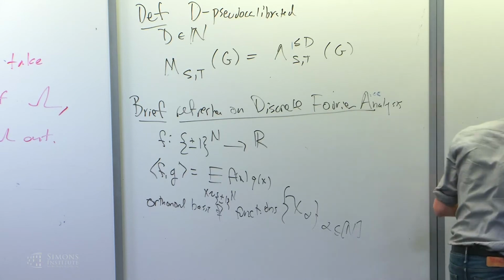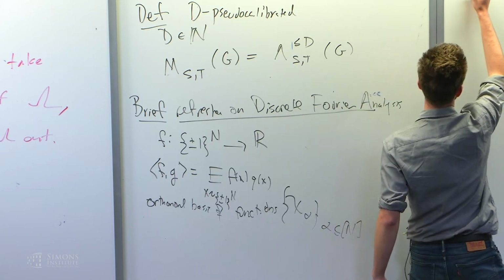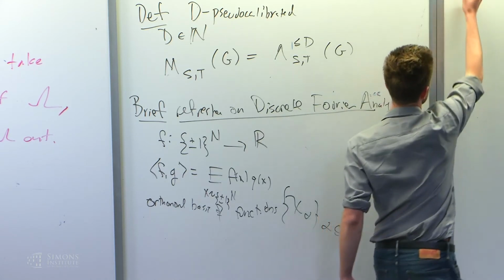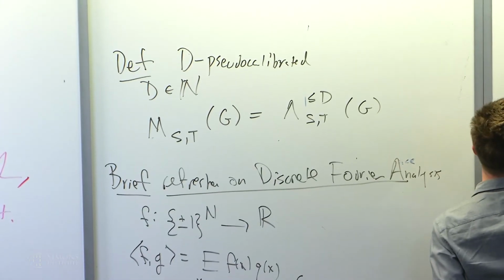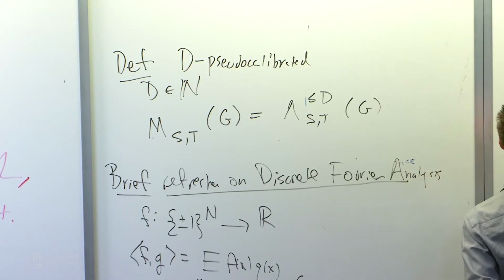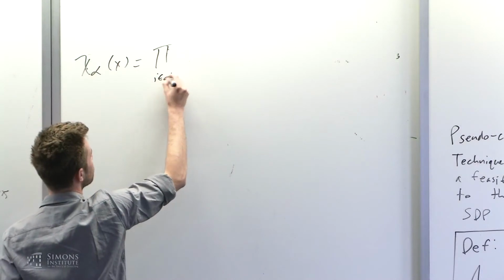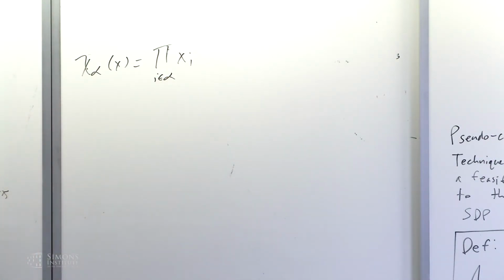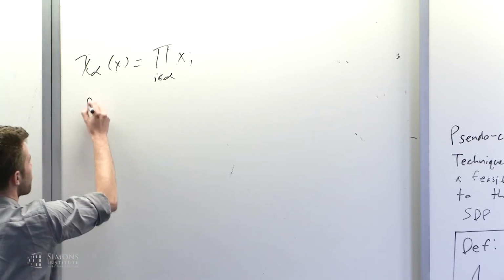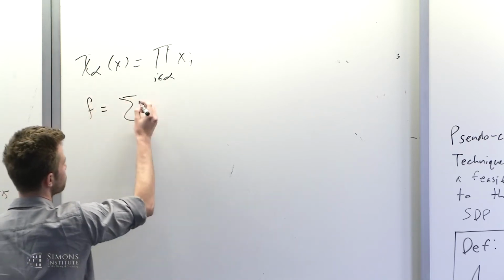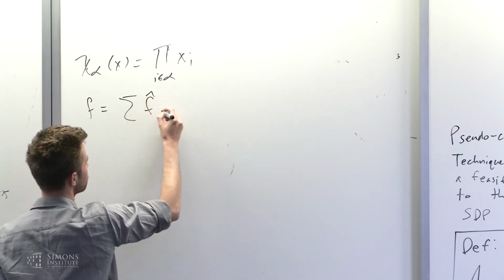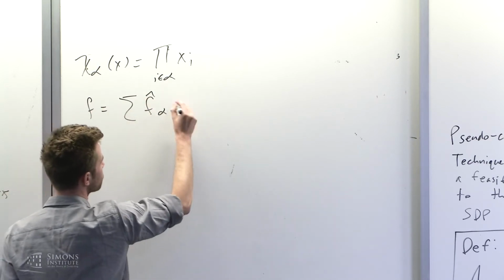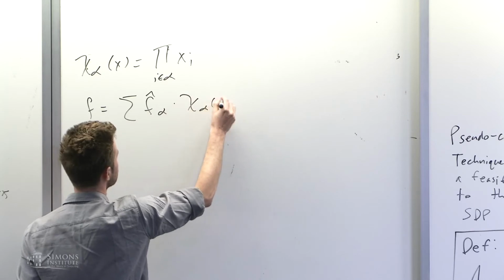So it's classical that if I take chi alpha of x to be just the product over the coordinates in alpha of xi, then these are orthogonal functions with respect to this inner product, and every function f has an expansion in terms of these functions, where f hat alphas are real numbers.